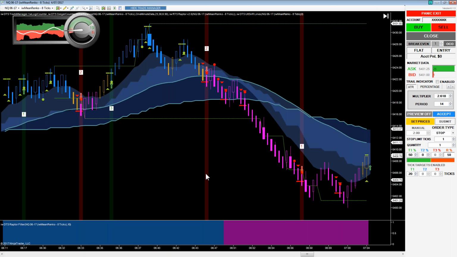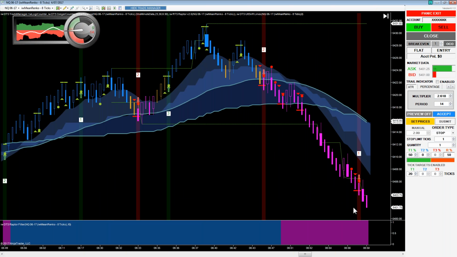Here we get our number one signal about a half an hour into the session. Is there anything wrong with this number one signal? No. But the problem with the number one signal is, where am I going to cover the trade? There's no real structure until we get up here.